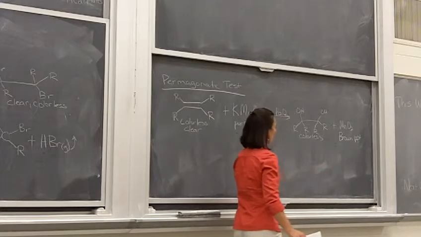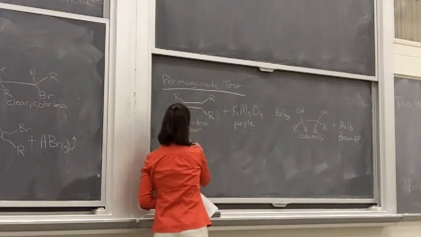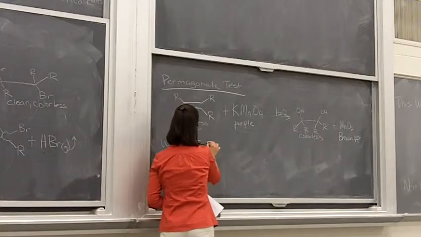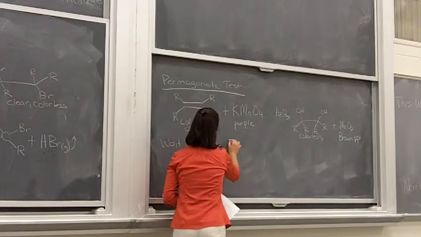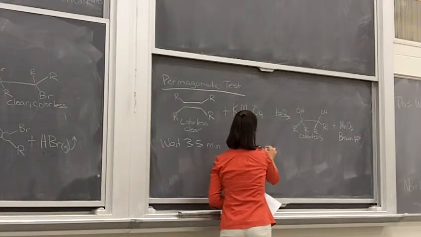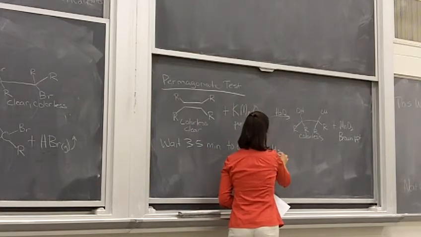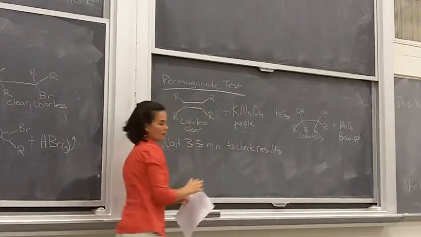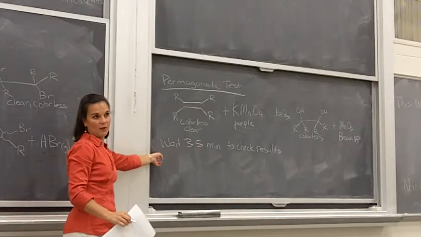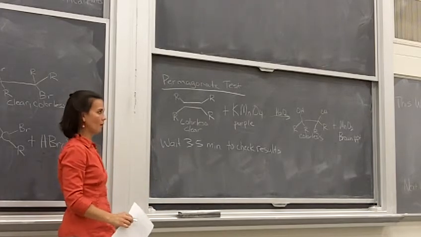With this test, you want to wait about 3 to 5 minutes to check the results, okay? Sometimes it takes a little bit. So don't add the permanganate, look at it, and make your decision right then. Let it develop about 3 to 5 minutes and then see what you have. Okay?